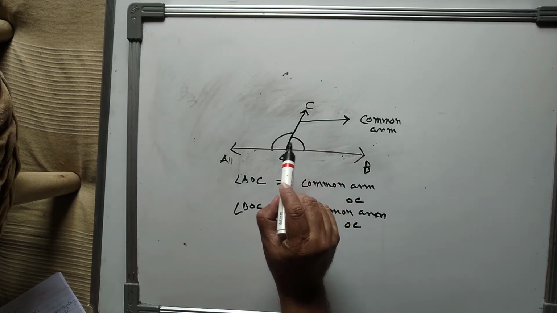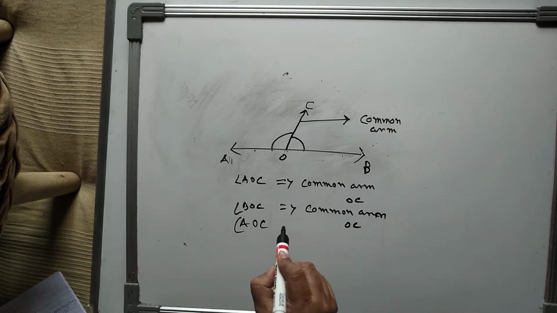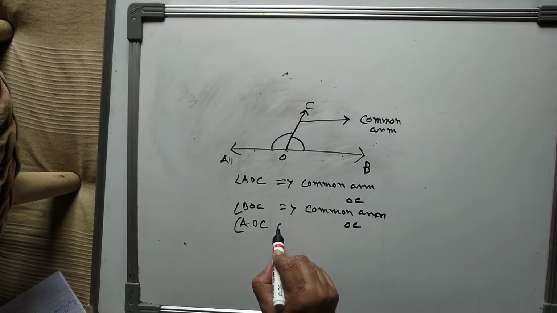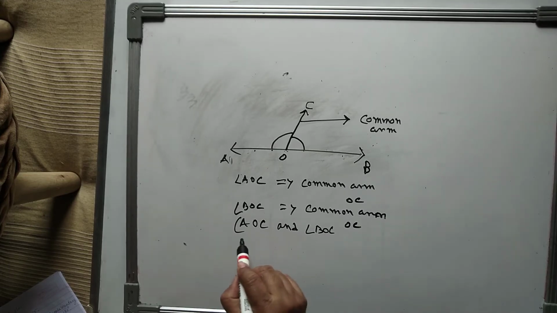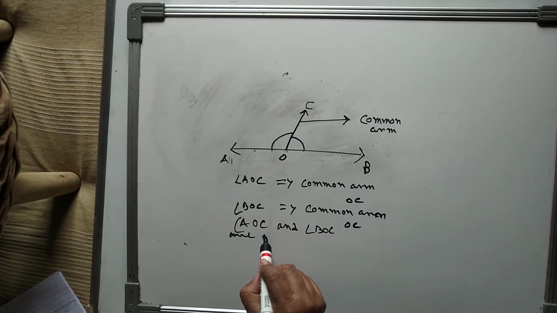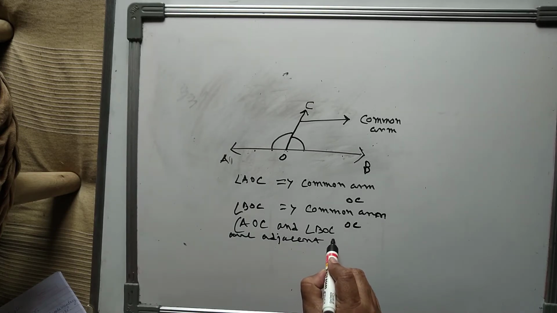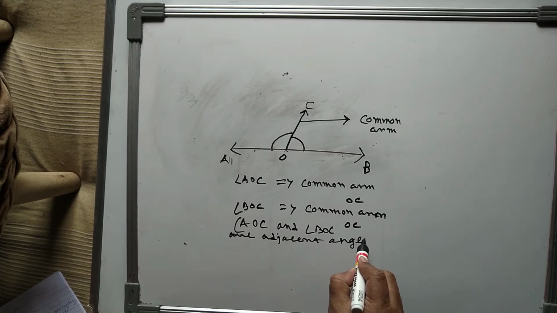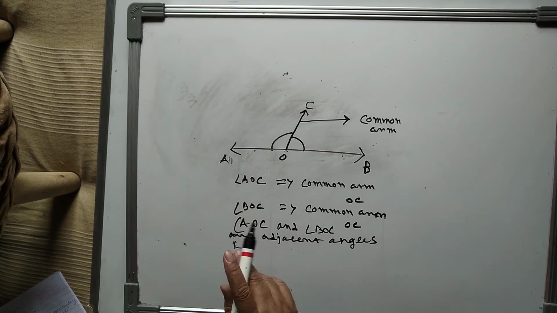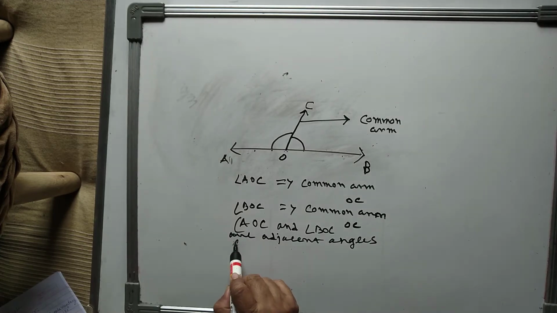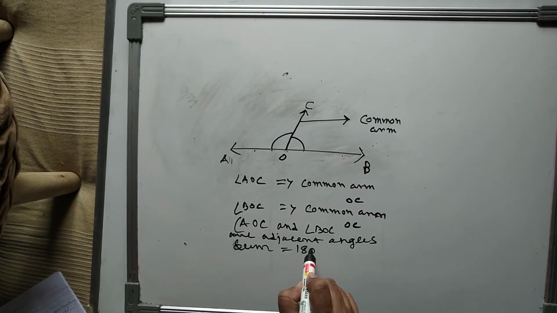So angle AOC and angle BOC are adjacent angles and the sum of the angles equals 180 degrees.